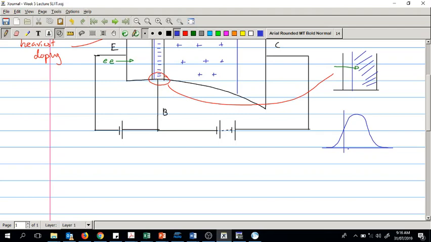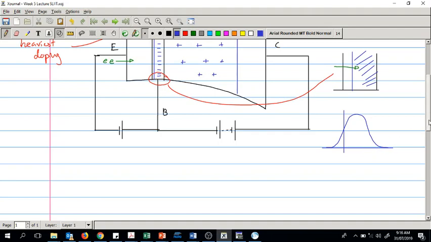Although the doping concentration is higher on that side, it is a thin layer. So as a result, most of the volume will be occupied by the depletion zone. So there is a very high probability that an electron can move into the depletion zone.